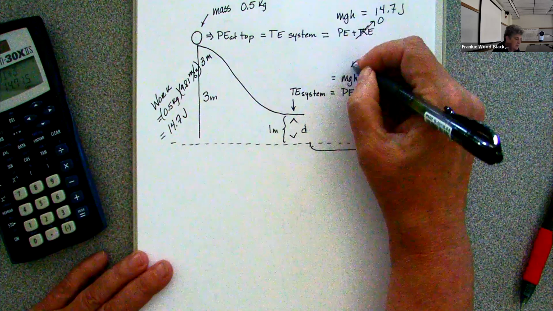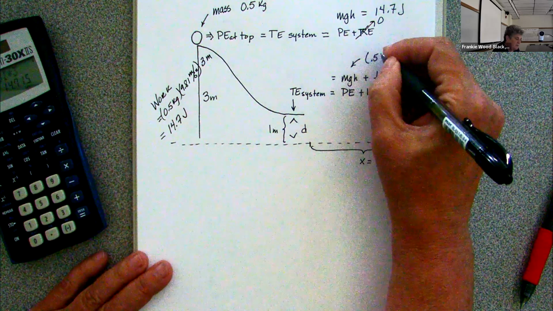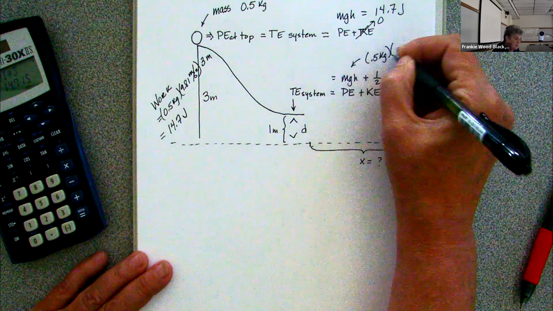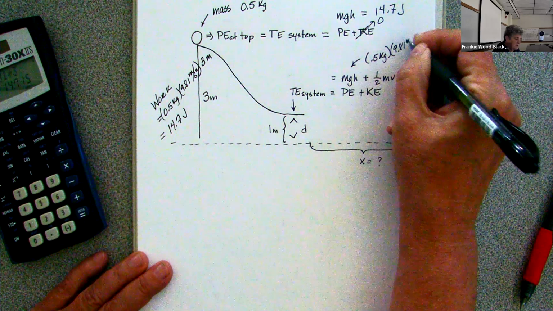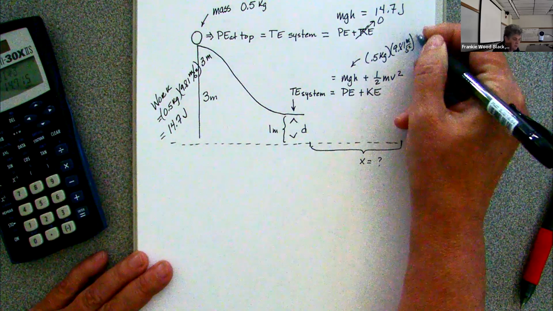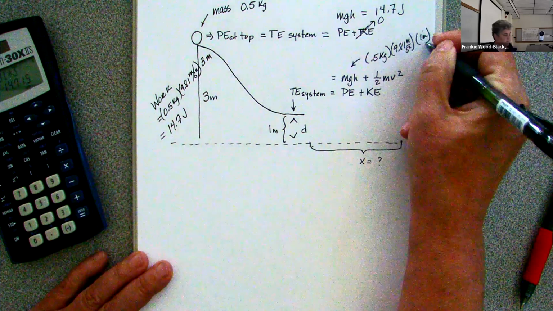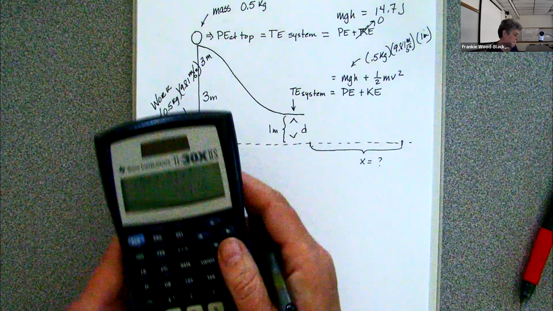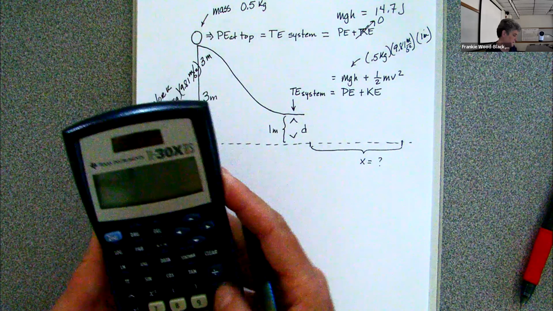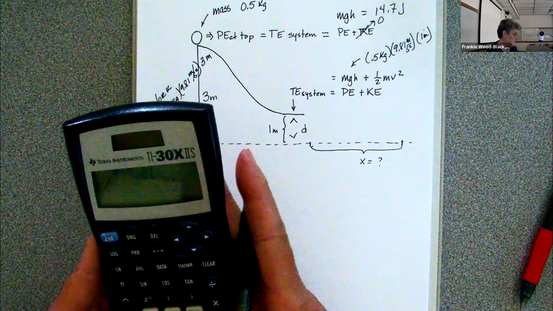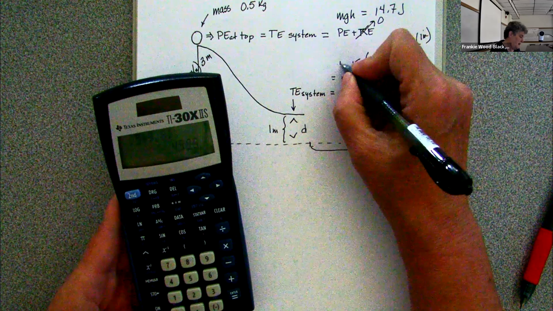Well, this mgh is going to be 0.5 kilograms, 9.81 meters per second squared, but I'm only multiplying it by 1 meter now. And this is going to be 4.9.